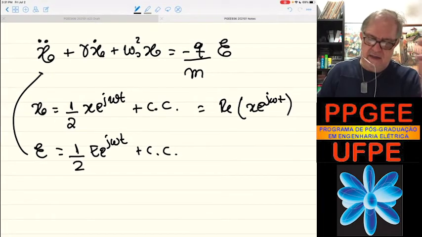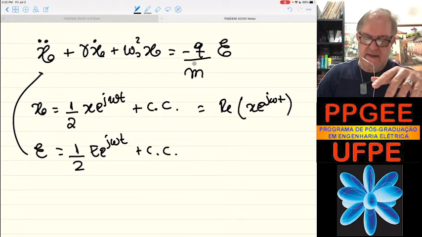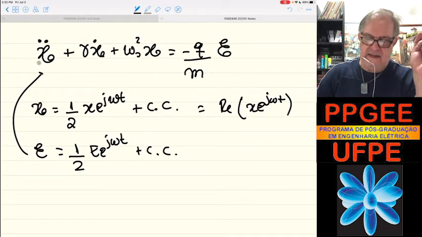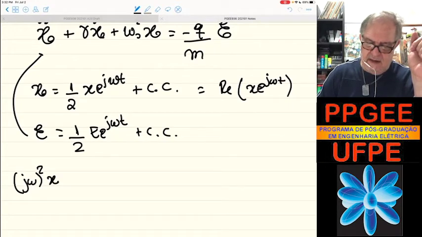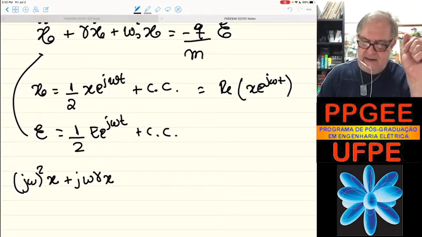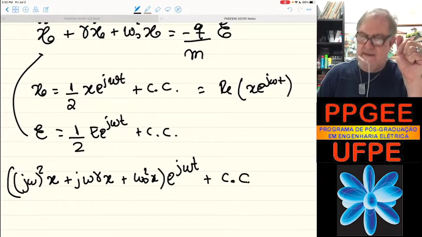So you see that this 1/2 on both sides will be cancelled, and we have the second derivative as j omega square, right? Plus j omega gamma times x plus omega 0 square x, all times exponential of j omega t plus the conjugate.